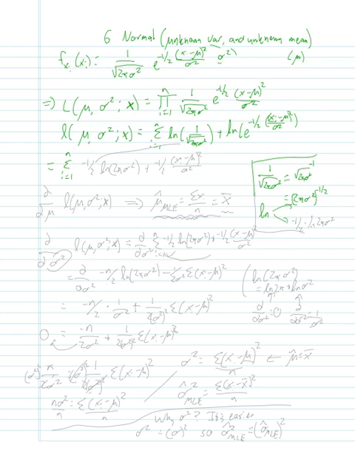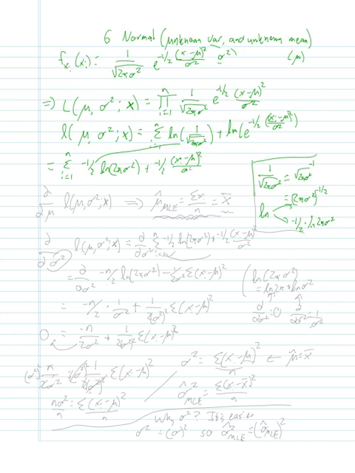So if we want to take the log of this, we get negative 1/2 times ln of 2 pi sigma squared. So putting that here, we get negative 1/2 ln 2 pi sigma squared plus this log and this e will cancel out, so we get negative 1/2 xi minus mu squared over sigma squared, right?